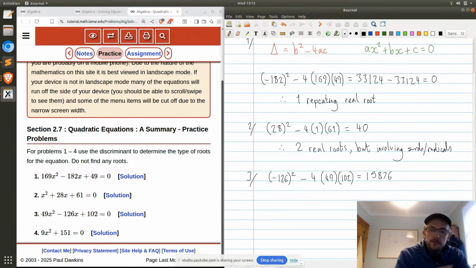That would be 4,998, and timesing that by 4 gives 8 less than 20,000, which is 19,992. And now subtract.